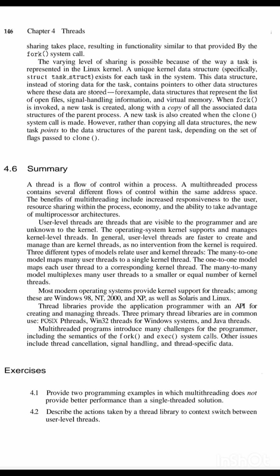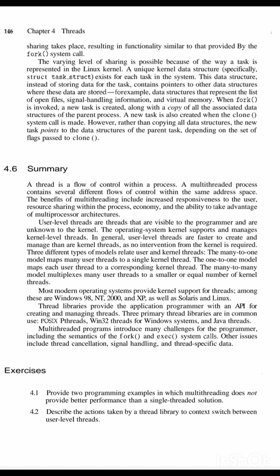A unique kernel data structure, specifically struct task_struct, exists for each task in the system. This data structure, instead of storing data for the task, contains pointers to other data structures where these data are stored. For example, data structures that represent the list of open files, signal handling information, and virtual memory.